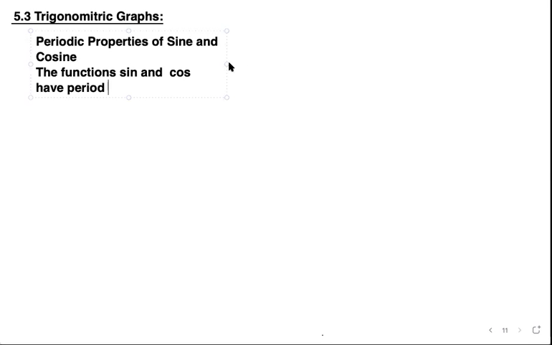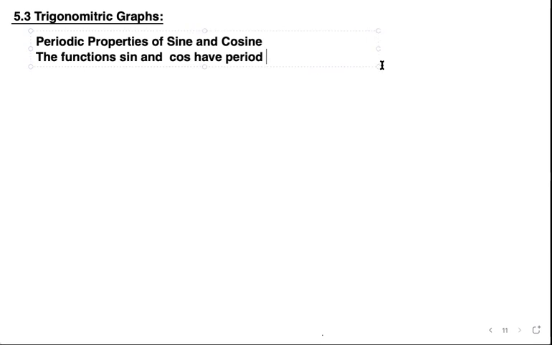First thing we have to know: the sine and cosine functions are periodic functions. That means their values are repeated after 2 pi.